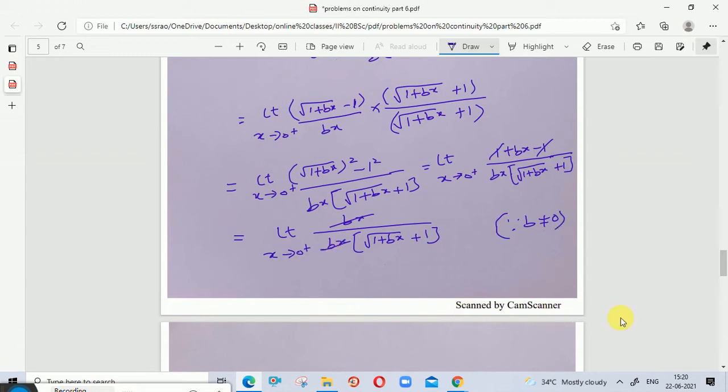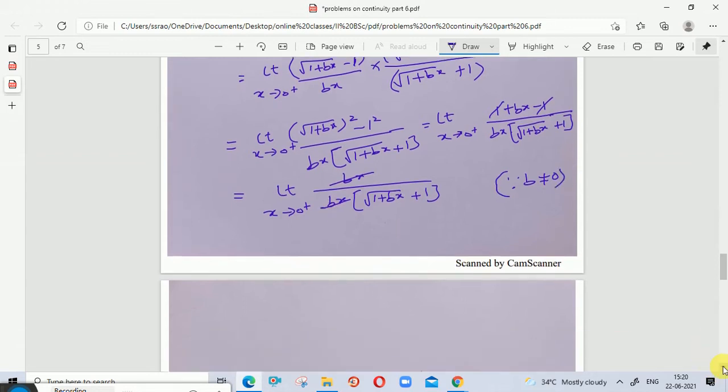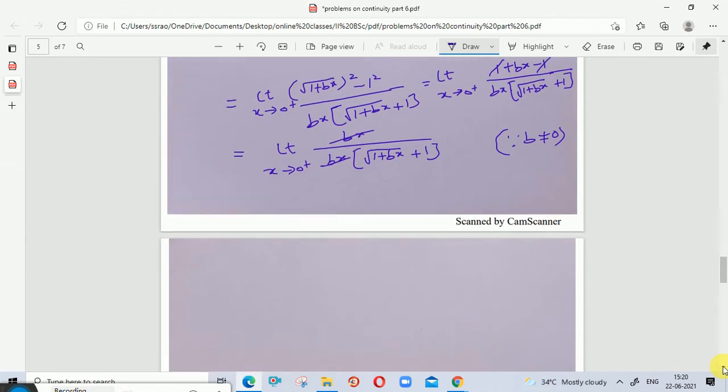Okay, so that is equal to limit x tends to 0 plus, one by square root of 1 plus bx plus 1. Applying the limit, 1 by root 1 plus 0 plus 1, that is equal to 1 by 2.